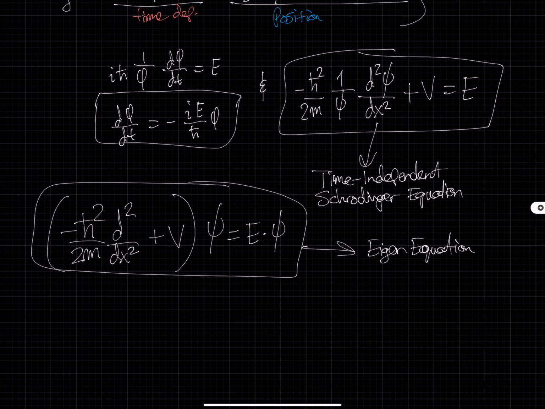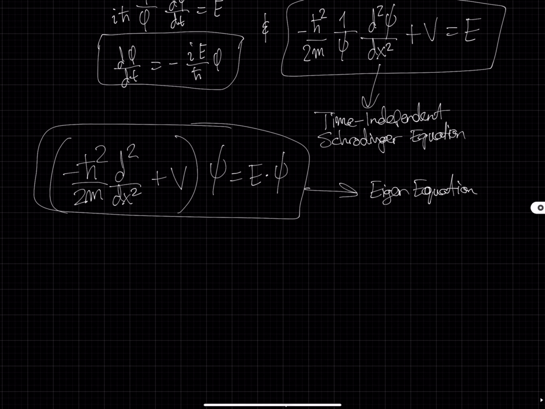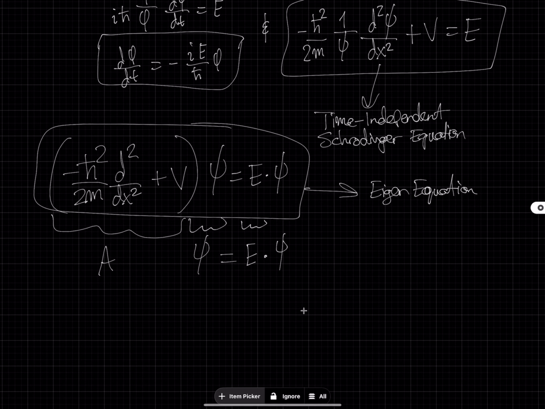Why is it an eigenequation? Well, obviously it's because we have an operator, A, multiplied by our function psi, and this is equal to our eigenvalue E multiplied by that same function psi. Or, this simply has our form A y is equal to lambda y. And this is an eigenvalue problem, right?